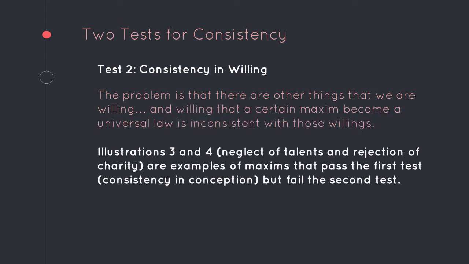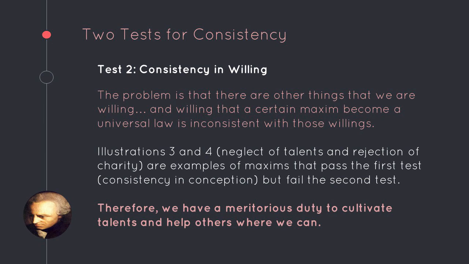So these two illustrations that he gives us, 3 and 4, the neglect of talents and the rejection of charity, those are examples of maxims that I can conceive of a world where I live by the maxim while everyone else lives by the universal law, but I can't consistently will it. And so what I end up with is a meritorious duty to cultivate my own talents and to help others where I can. So because it fails the second test, we have a different kind of duty.